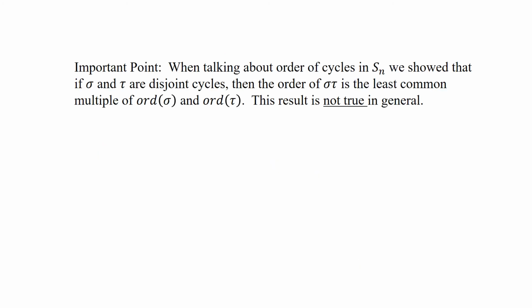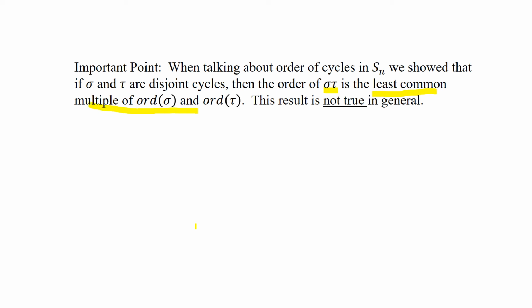The point that I want to make here is that when we talked about the order of cycles in the symmetric group, we proved that when we have disjoint cycles, and I looked at the order of their product, I concluded that the order of the product, sigma tau, was the least common multiple of the order of sigma and the order of tau.